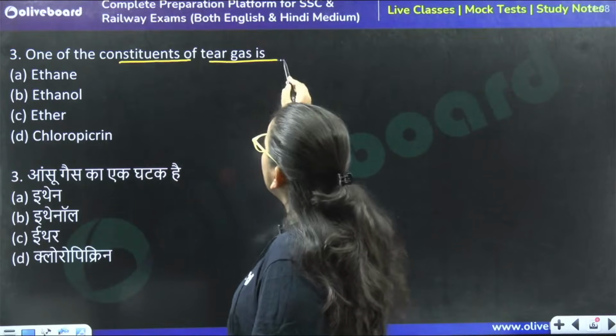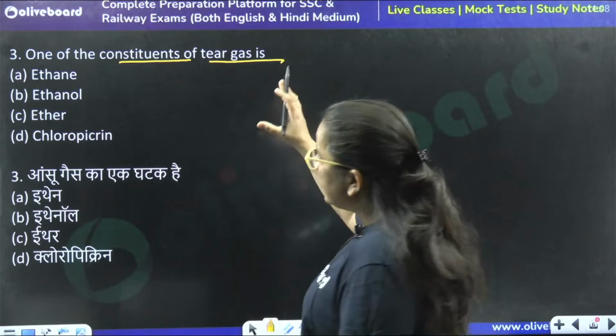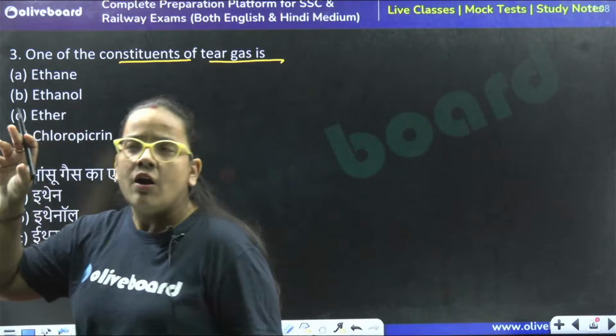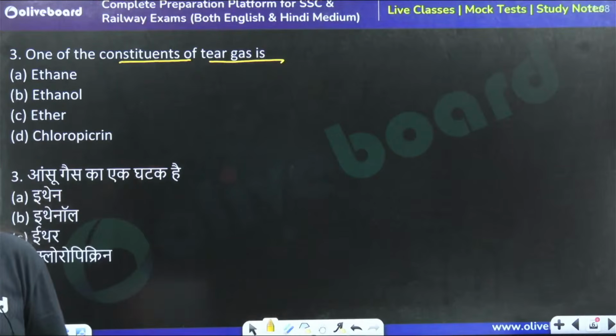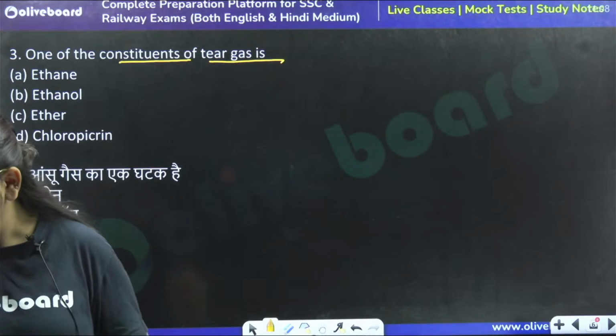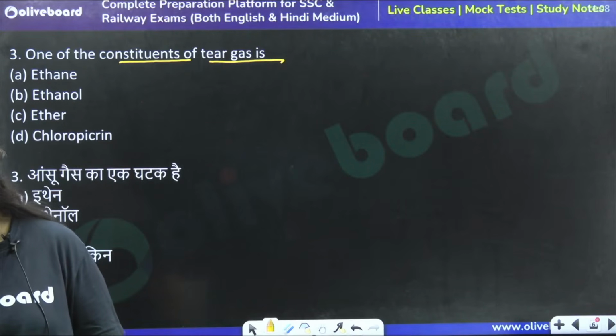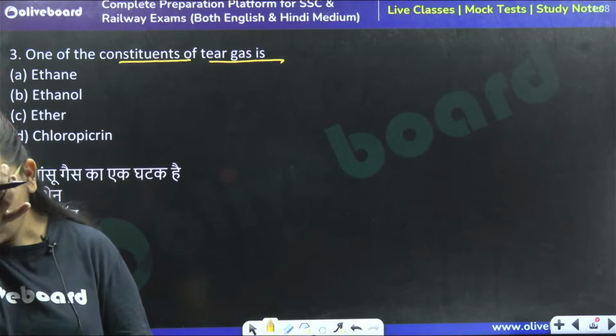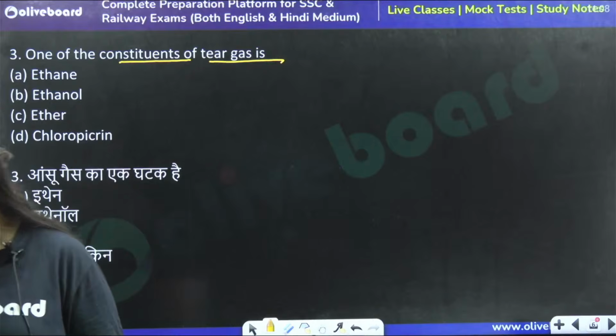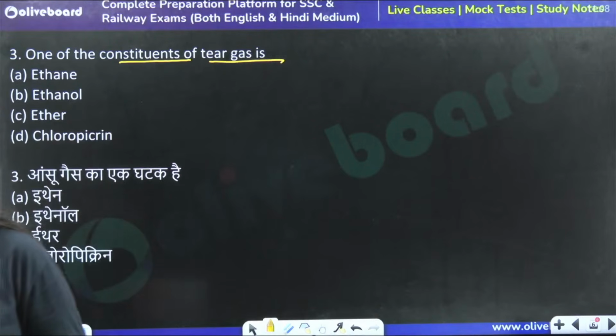One of the constituents of tear gas, producer gas, water gas, biogas. These gases are very important. Chloropicrin.